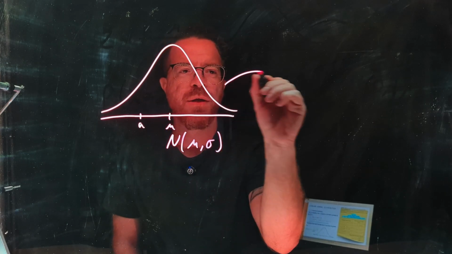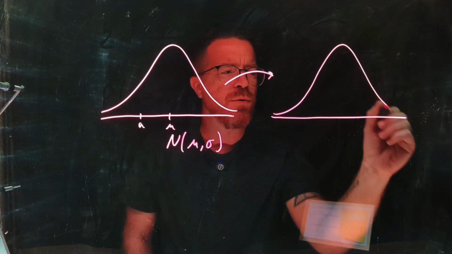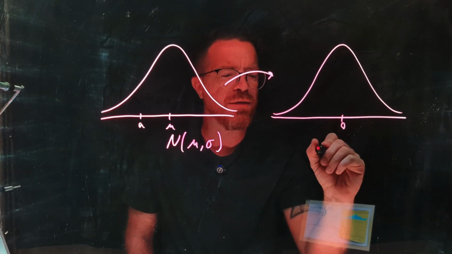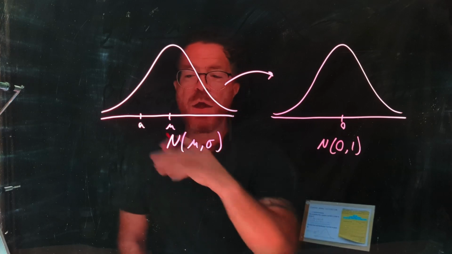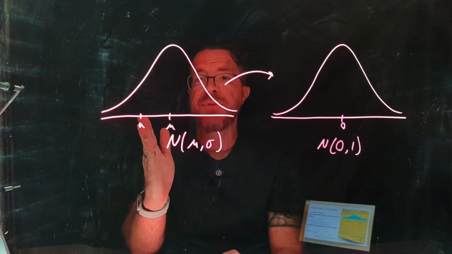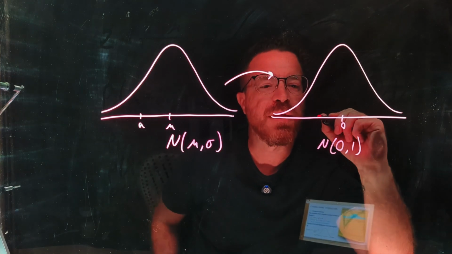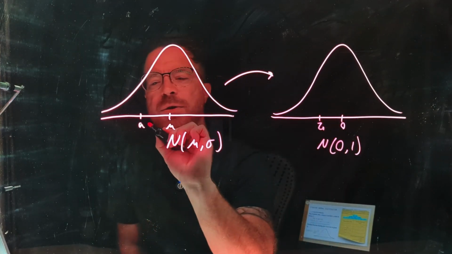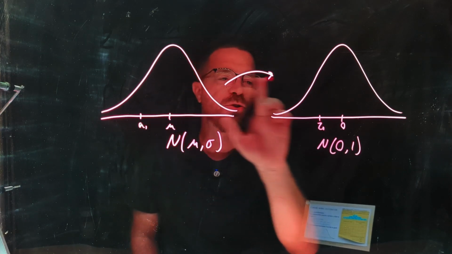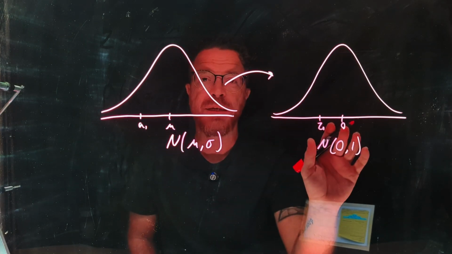So this would transform into our standard normal, which is a normal distribution centered at 0 with a standard deviation of 1. When we are to the left of the mean mu, when we translate to the standard normal, we will be left of 0, right? So let's call this A1. So A1 will translate, it's on the left of the mean mu. Mean mu will end up being equal to 0.